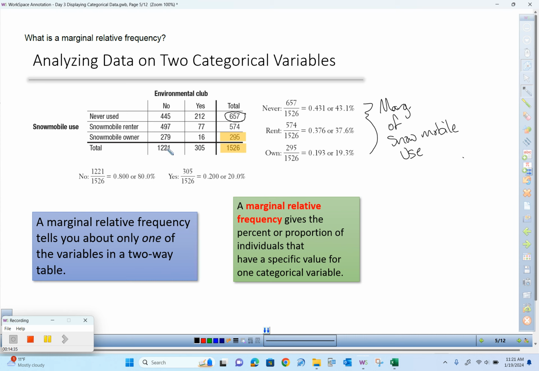So you'd go 1221 over the total. So you're going to focus on one variable, total. And remember, those are going to show up in either the rows or the columns, over the grand total.